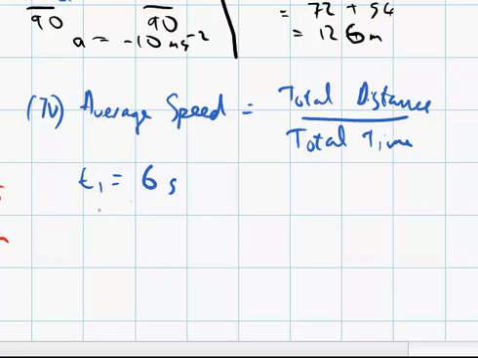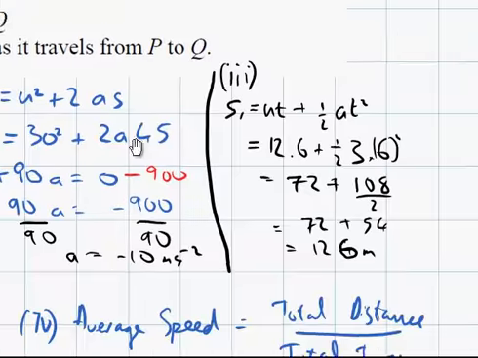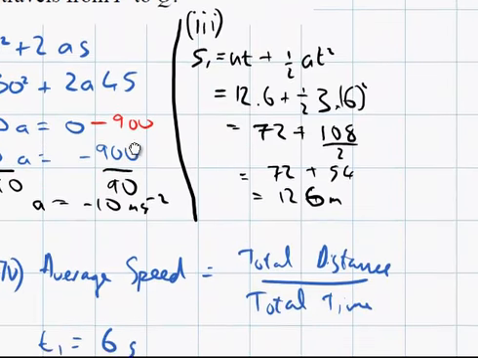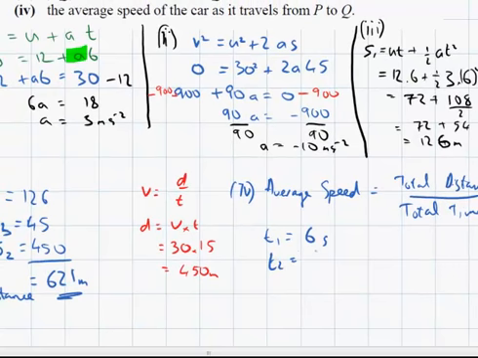We're told the time for the second section is 15 seconds, and then we're going to have to work out the time for the third section. So I'll just fill in that anyway so that we know that we have it. Time for the second is 15 seconds. The time for the third section, we just have to work that out. It won't take too long.